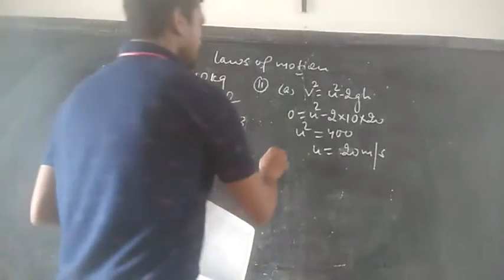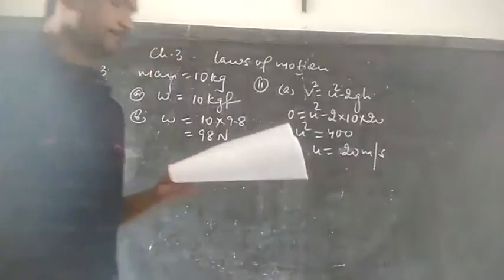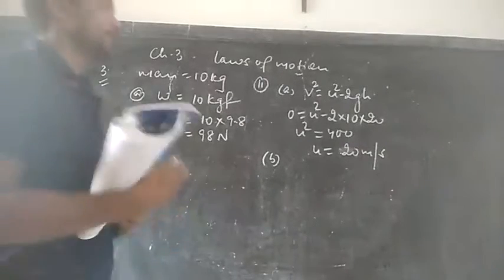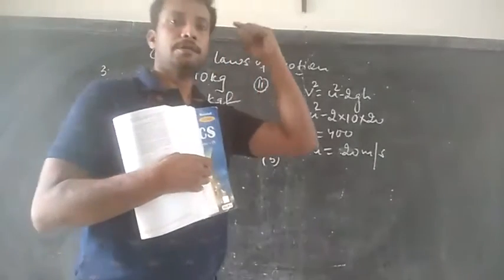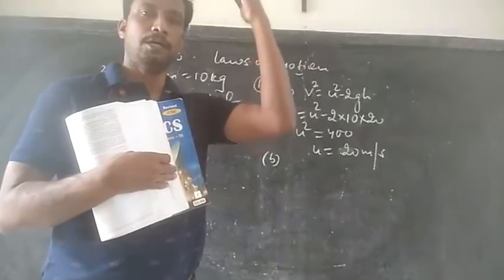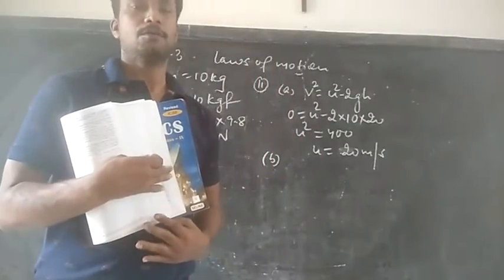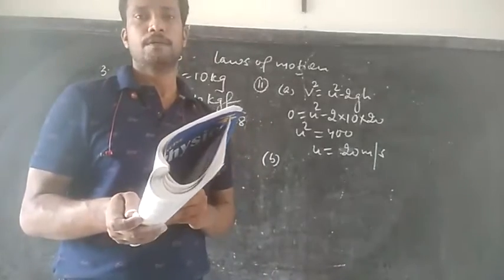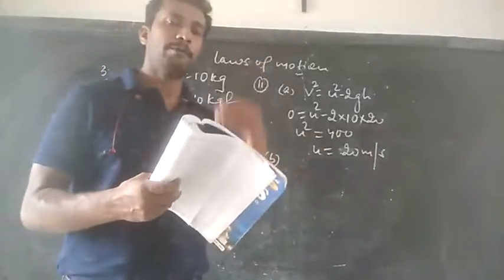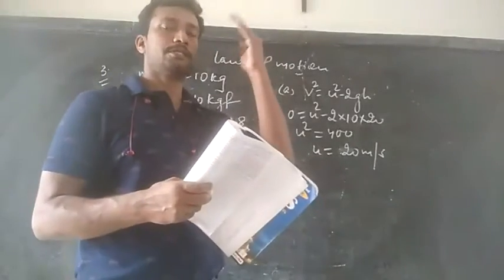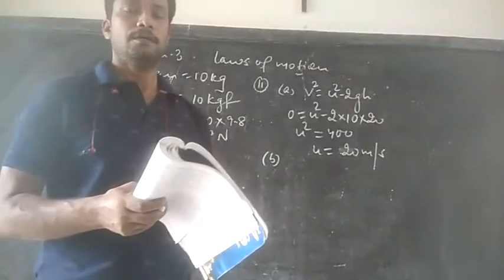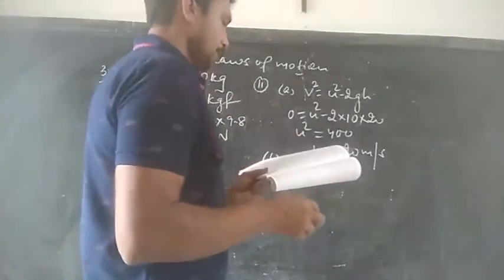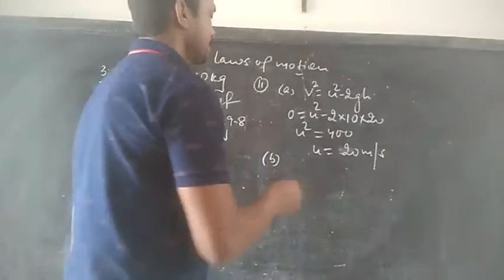Then the final velocity of the body on reaching the ground. When the body goes up to the maximum height, it stops for a fraction of a second and then it comes back. So what will be the final velocity on reaching the ground? While coming back, when the body is at the maximum height, the initial velocity can be taken as 0 and the height covered will be the same.